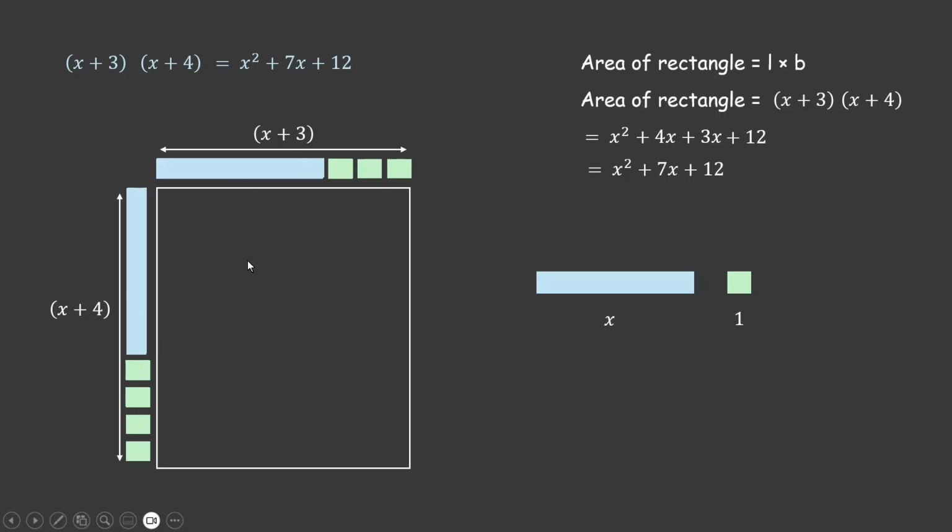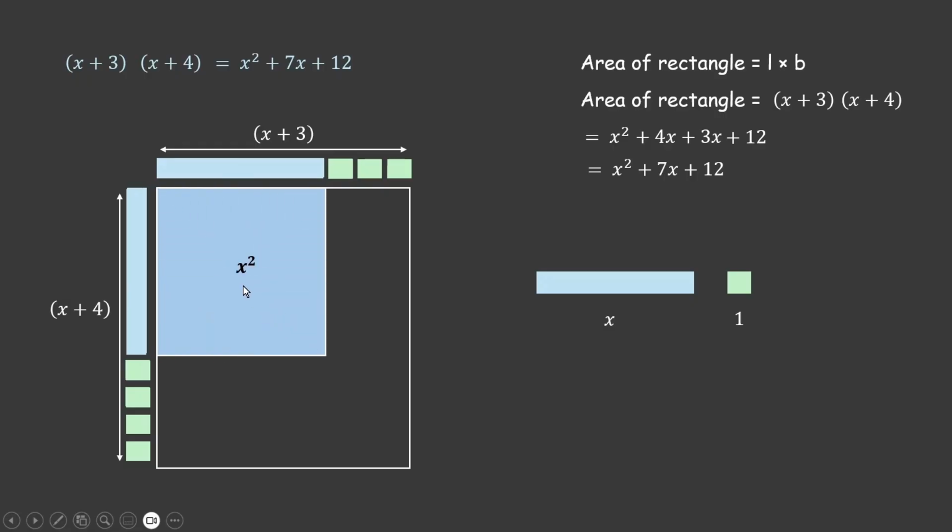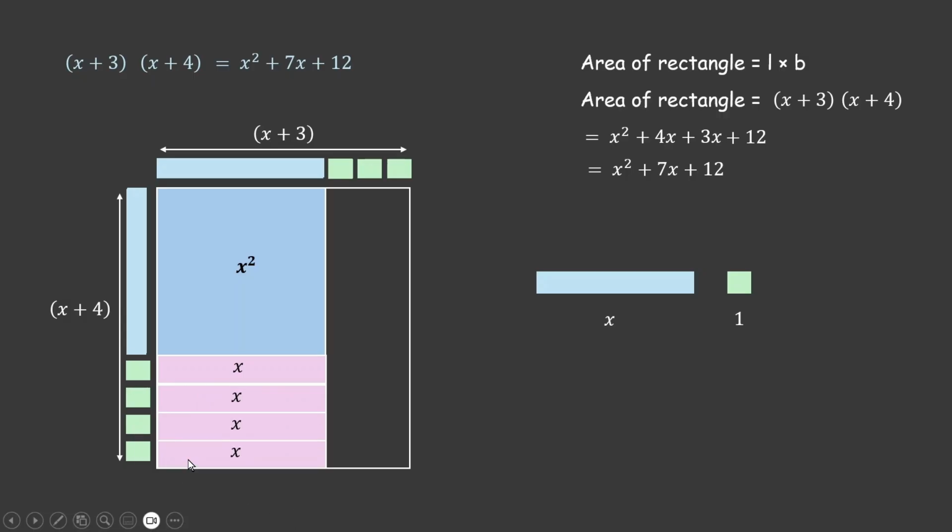So x multiplied by x is x². Now this x multiplied with 1 is x. Once again, x into 1 is x. Similarly, x into this 1 is x.